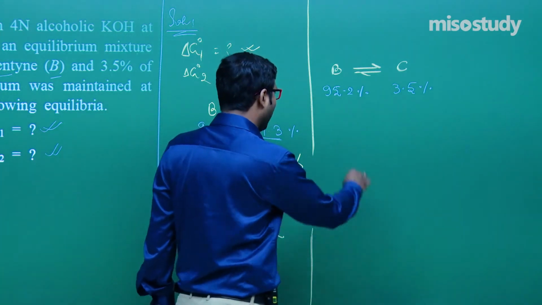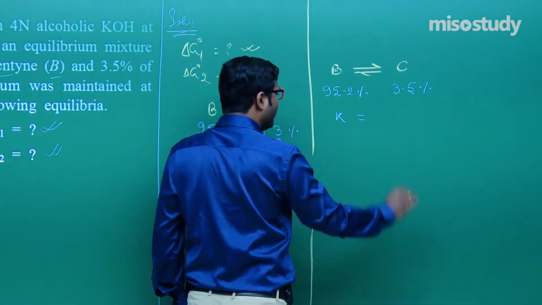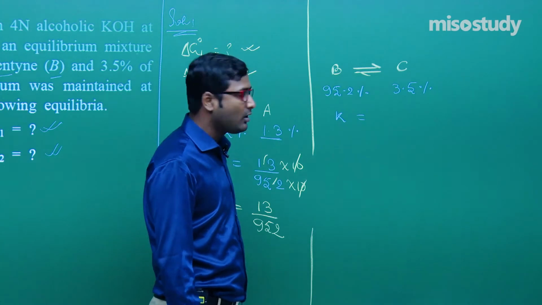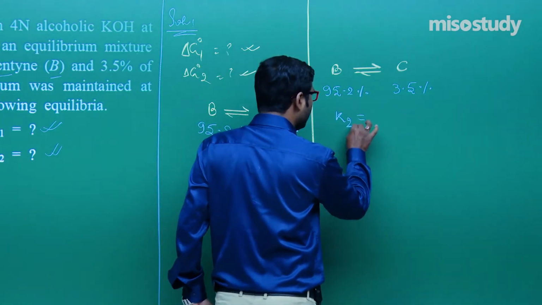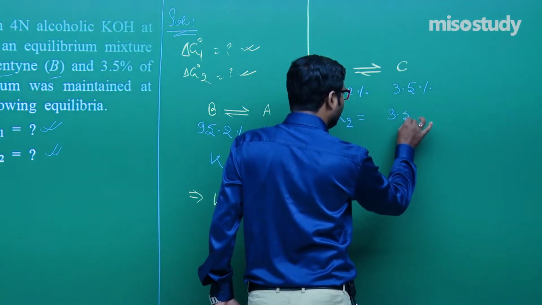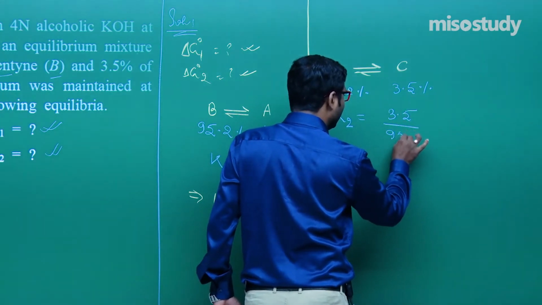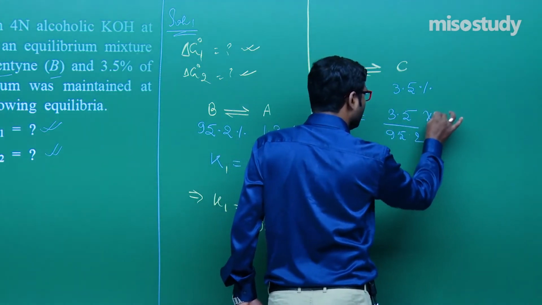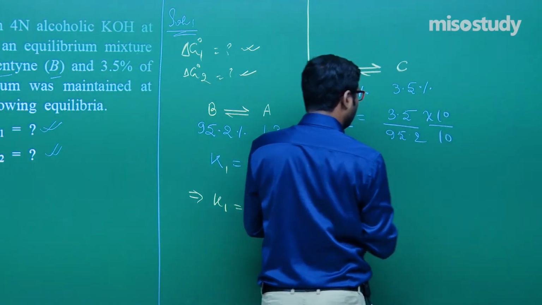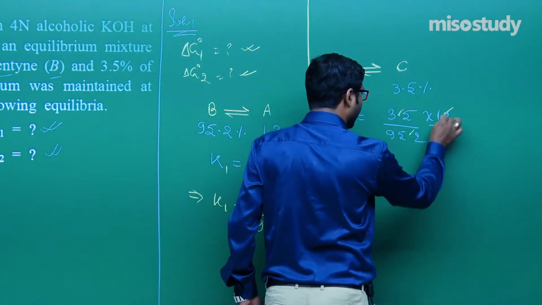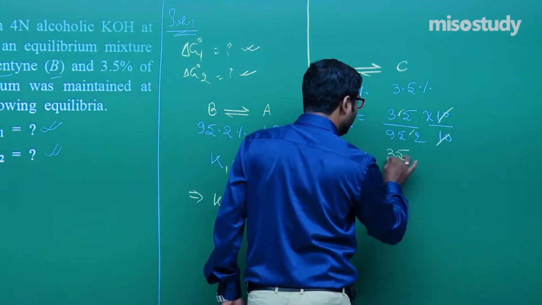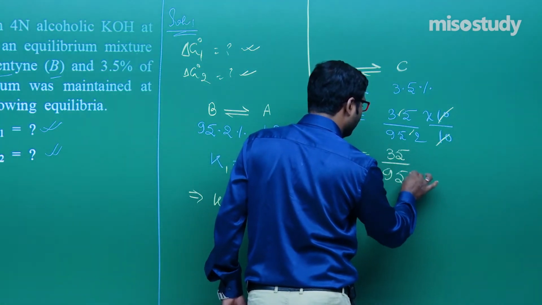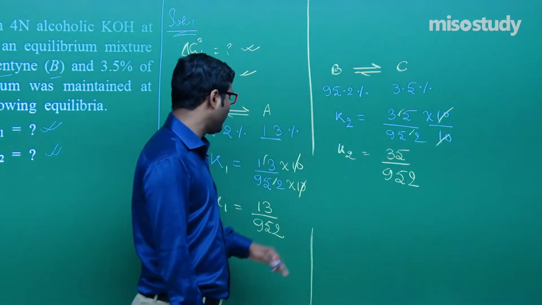As we know, K, the equilibrium constant, is equal to concentration of product upon concentration of reactant. So very simple, K2 is equal to 3.5 divided by 95.2. Clear? Now what will happen in this case, friend? K2 is equal to 35 upon 952. This is K1 and K2.